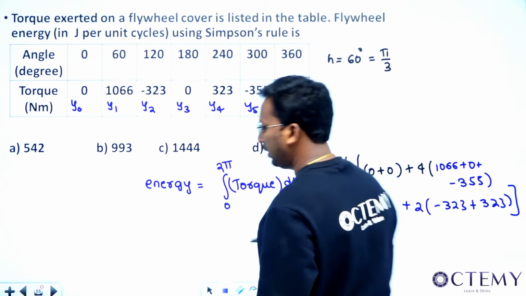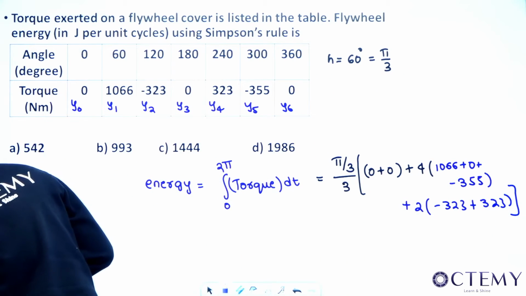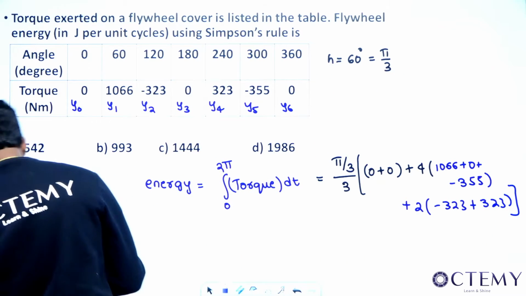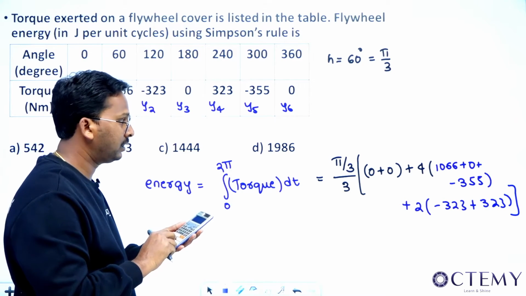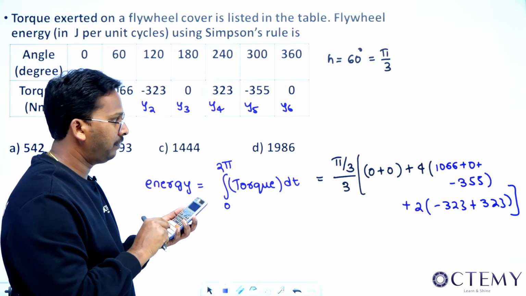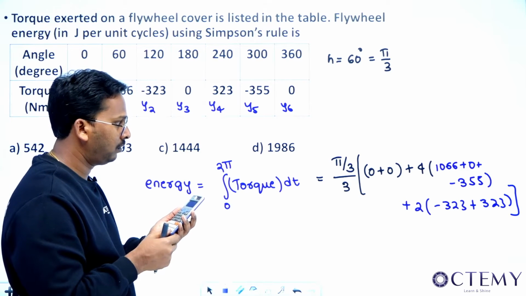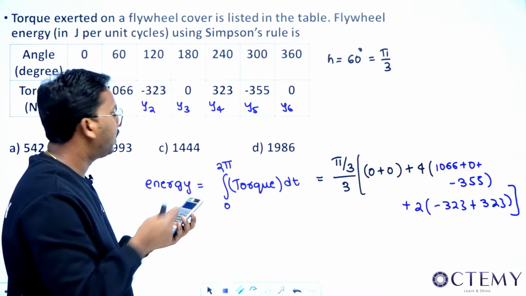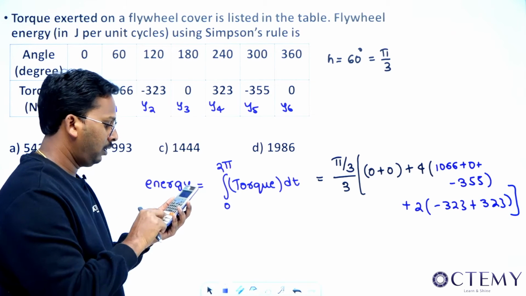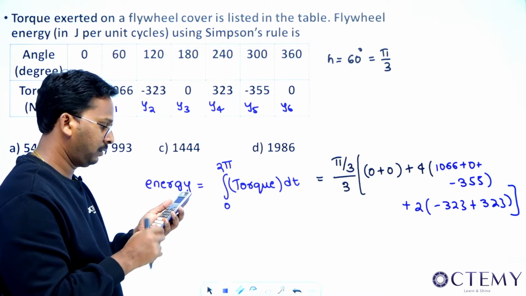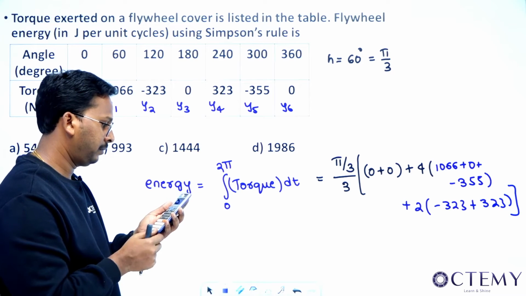So this is what you will get. Now if you substitute all of this in the formula, you are going to get 1066 minus 355 into 4, because the even terms will become 0, which is 3233 into pi divided by 9.